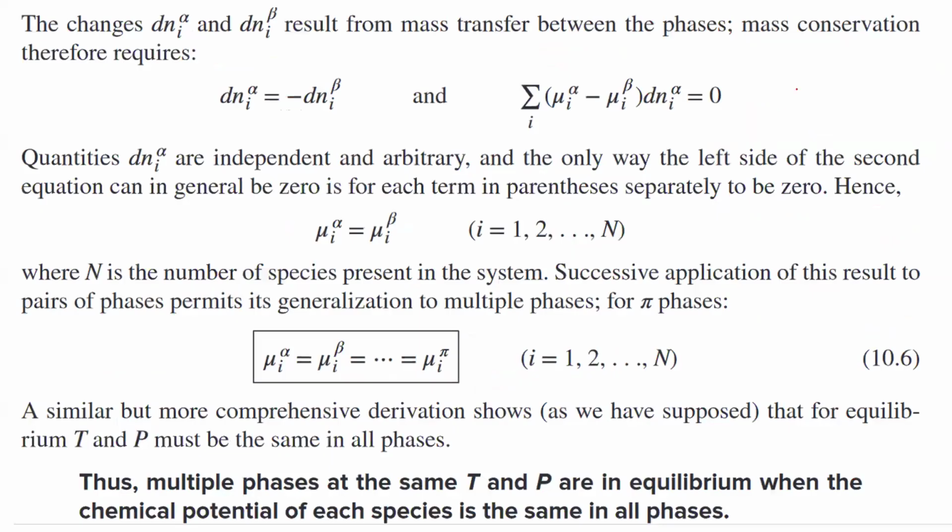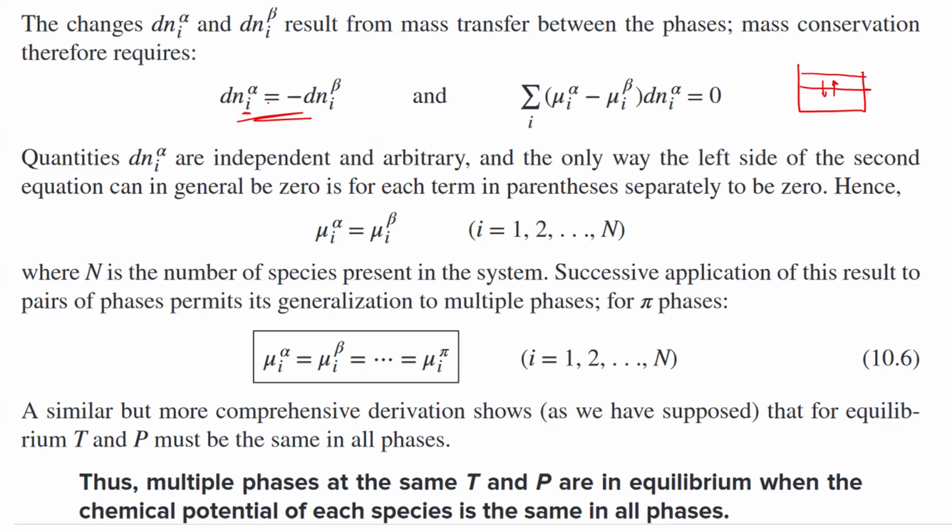We know one more thing: because both phases exchange material, whatever number of moles is lost by this phase is equal to whatever number of moles is gained by the other phase, for each species, the different components also.